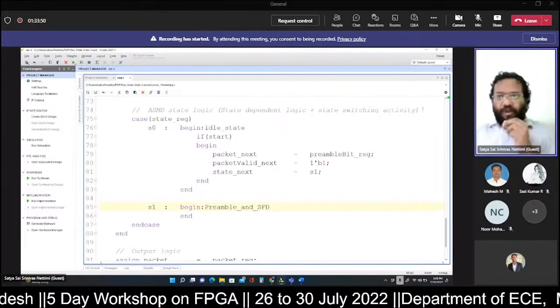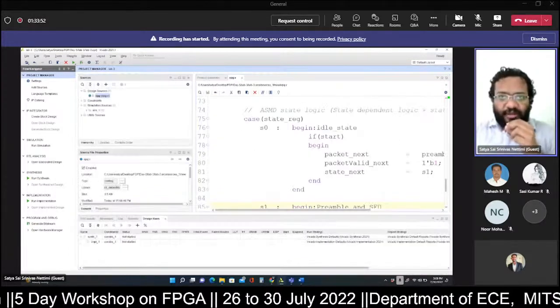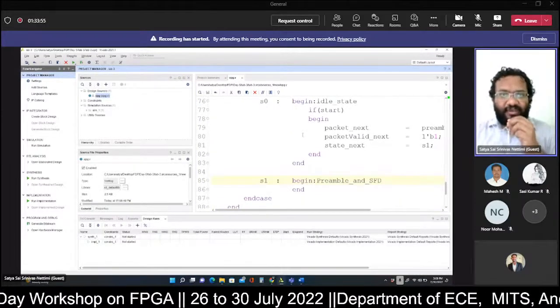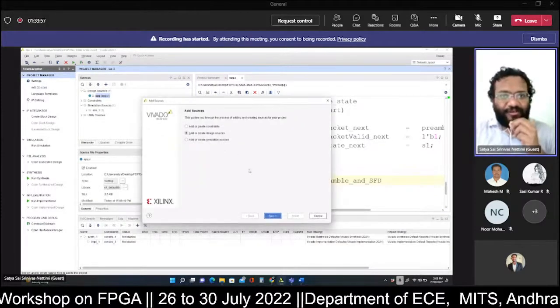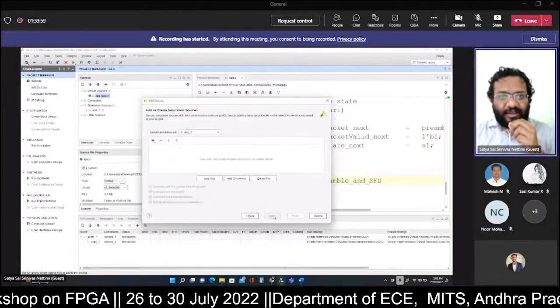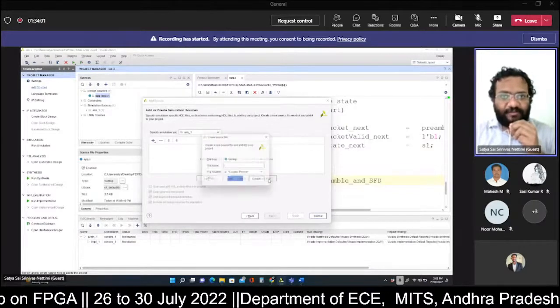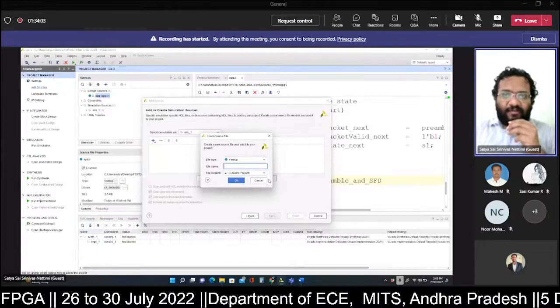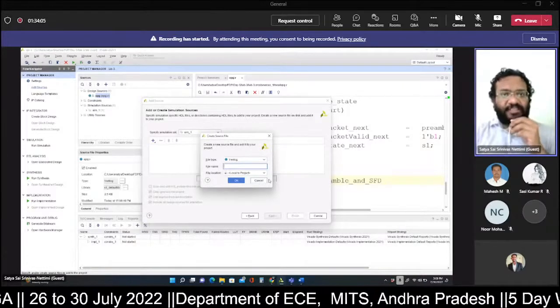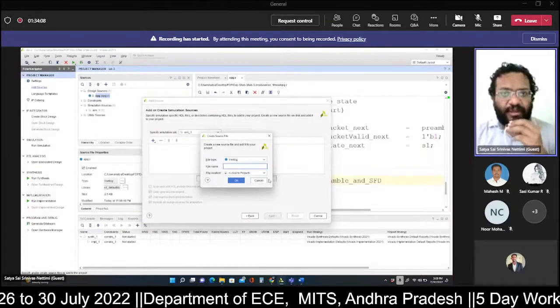Now I will stop over here, since I have to check whether the output is coming properly or not. For that purpose, I will create a simulation source now itself, design some part, and then simulate and check whether I'm able to get it or not.